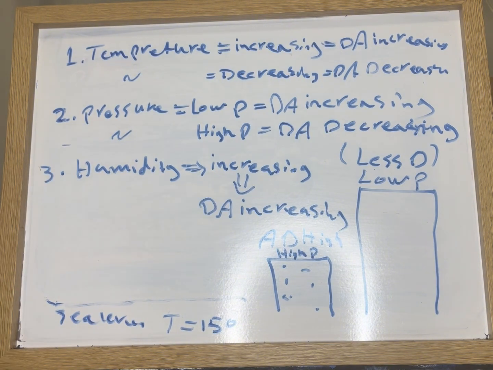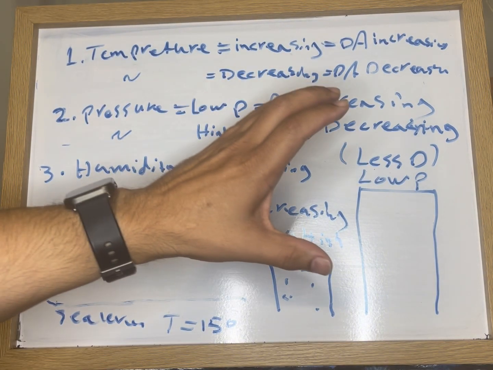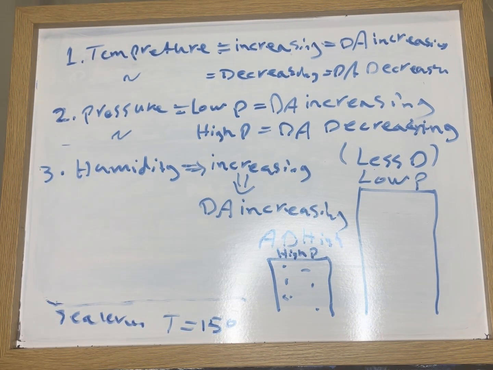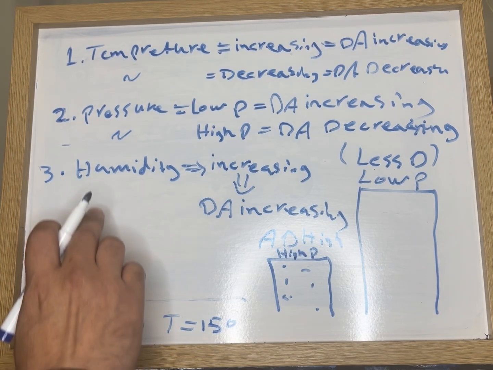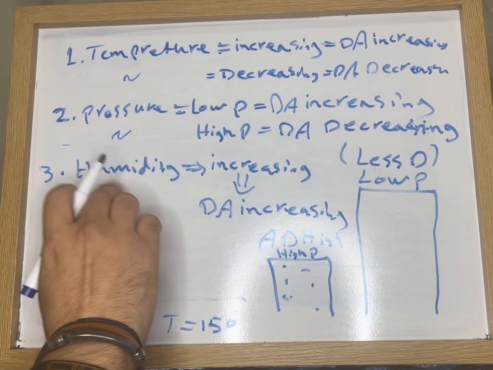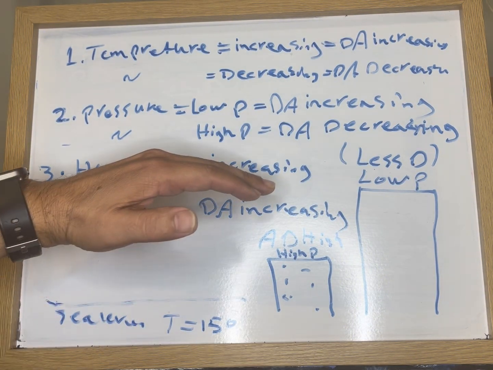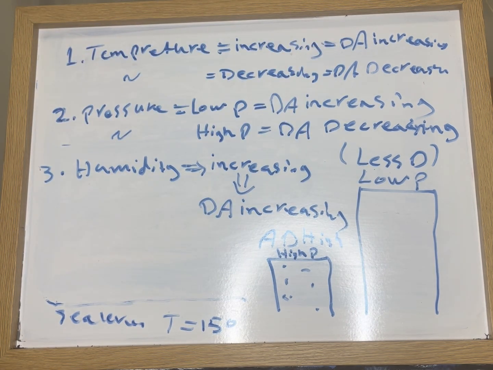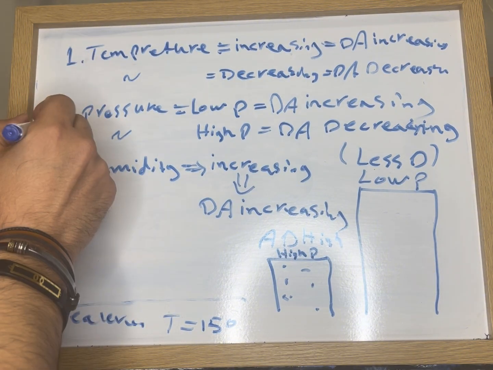So we have a higher density altitude at higher altitude, and at lower altitude, due to the air density increasing, density altitude decreases. Another very important factor is humidity. When humidity is high and also when temperature is high, density altitude increases.